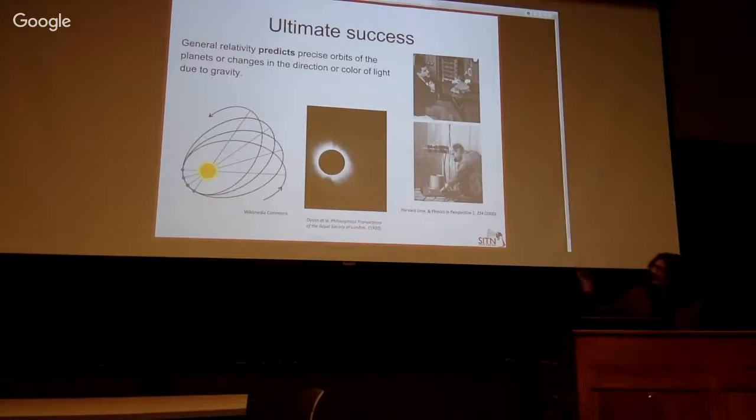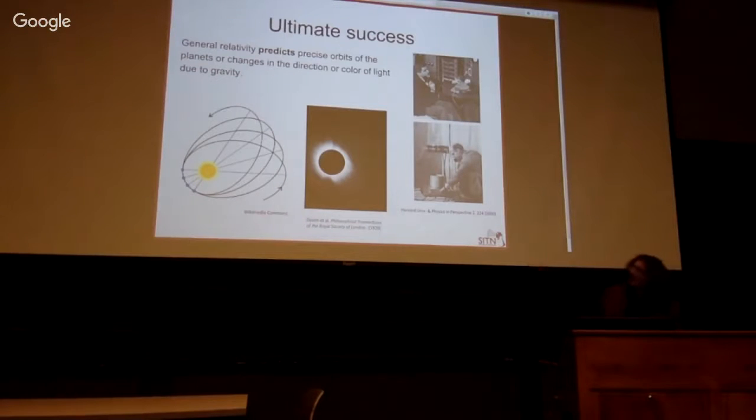So here I'm just listing 3 items that made Einstein so famous. Einstein published this theory in 1915, but of course he did not become very famous the following day. It took some time for other physicists to confirm the predictions of his theory.